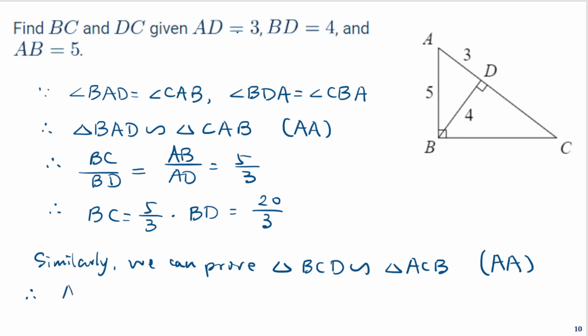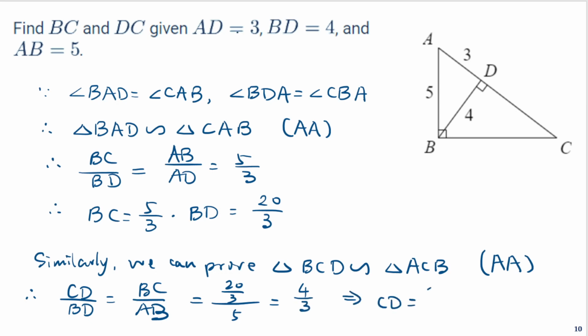Therefore, we have CD over BD equals BC over AB, right? Which equals 20 over 3, then over AB, AB is 5. So this gives you 4 over 3. And then we know CD equals 4 over 3 times BD. This gives you 16 over 3, right? Any questions?